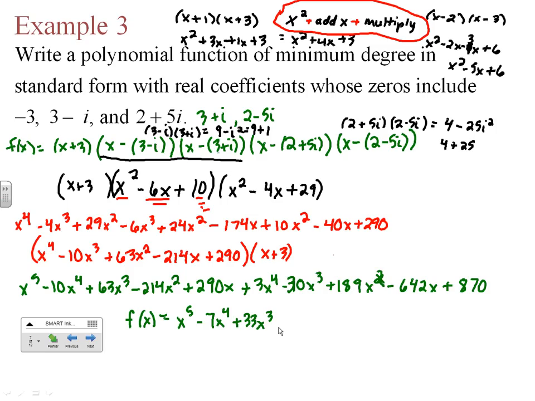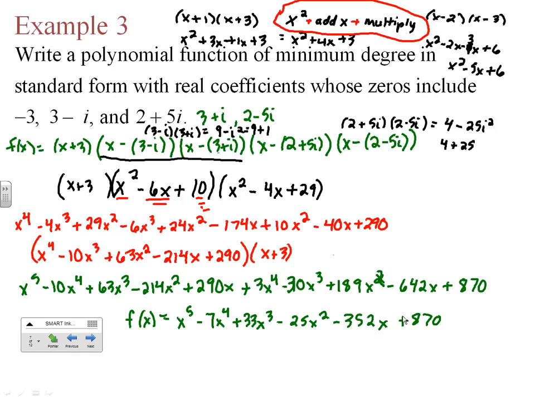Negative 214x squared and 189x squared will be negative 25x squared. My x's give me 290 minus 642 is negative 352x, and then plus 870.